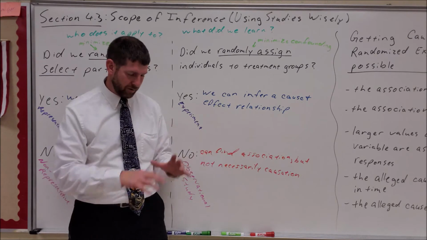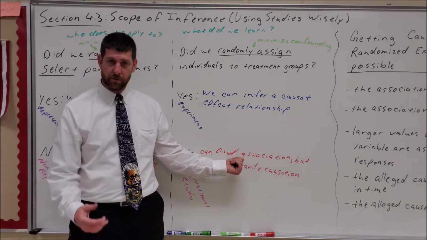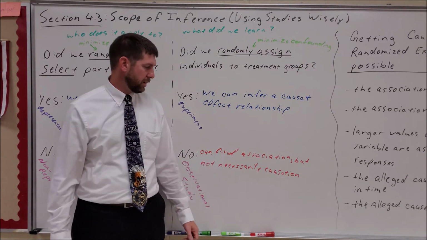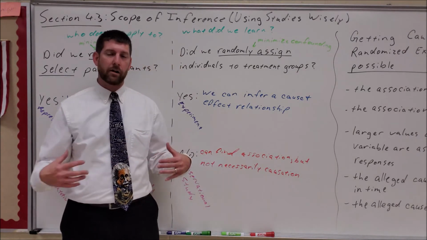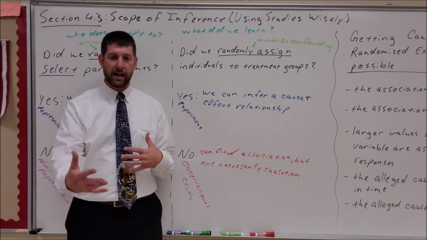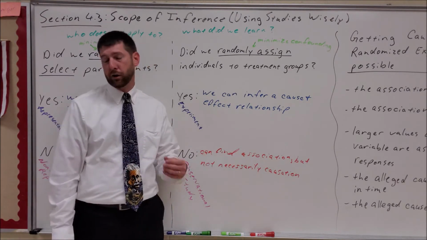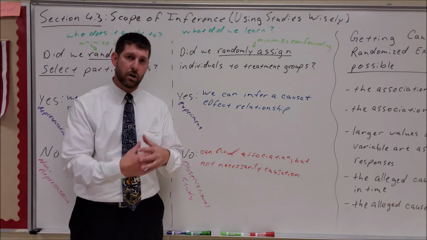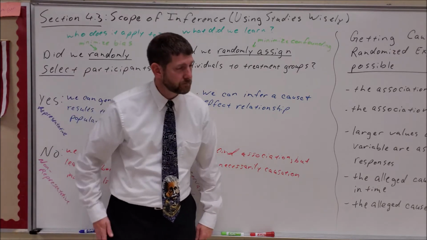I don't know if that's actually accurate for the whole population. Might be able to find an association between that, but I don't know that the darker eyes are causing them to need to wear glasses or contacts or whatever it is. There may be other background variables, background traits that cause poor eyesight that are also causing that certain eye color. So eye color could be an indicator, but not necessarily a cause. I don't know because I didn't get my hands on those other variables. We didn't do a randomized controlled experiment.